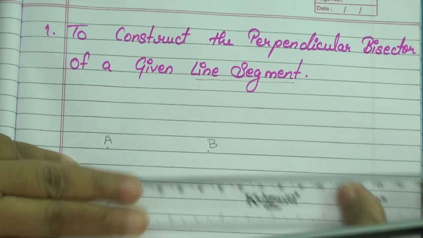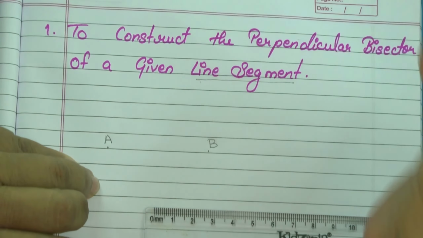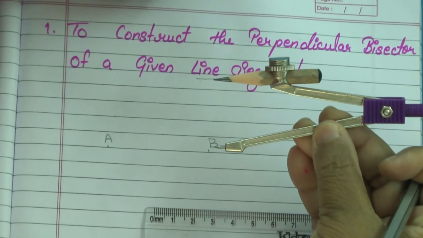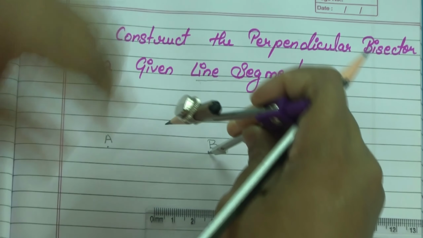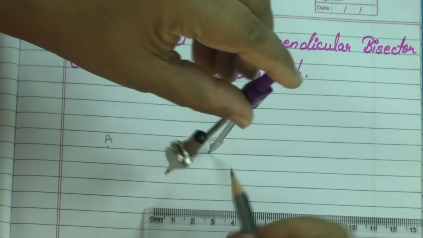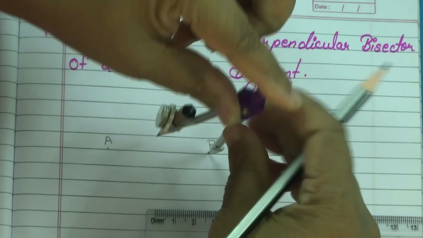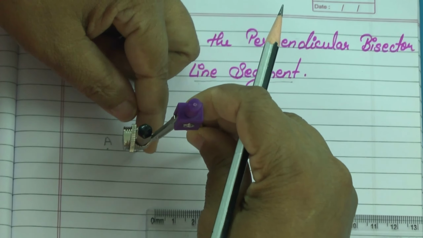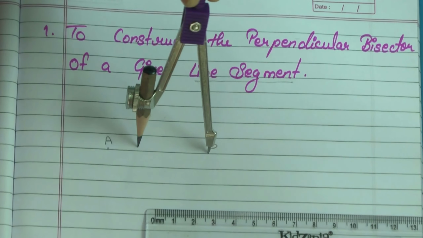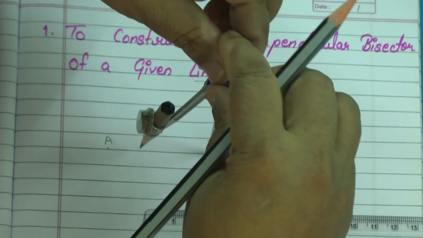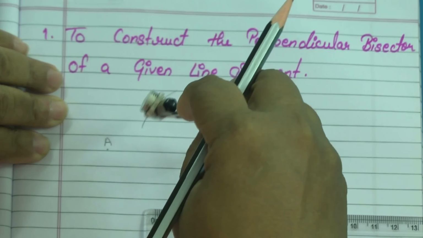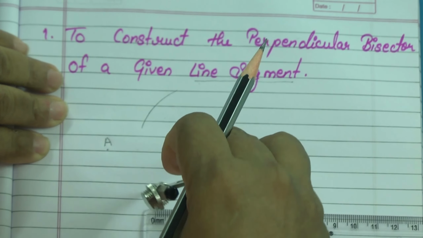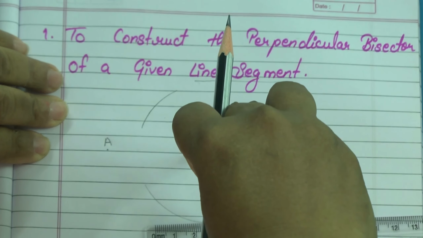Now I have to take the compass. This is known as compass, children. Keep the pointer at one of the points. Now I am keeping it on the point B. Take more than half, and give an arc above the line and one arc below the line.